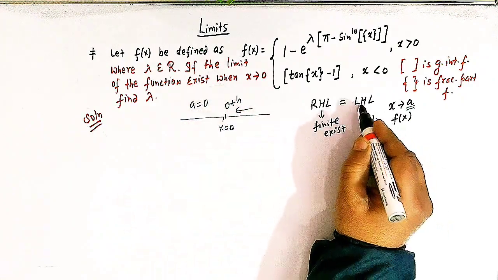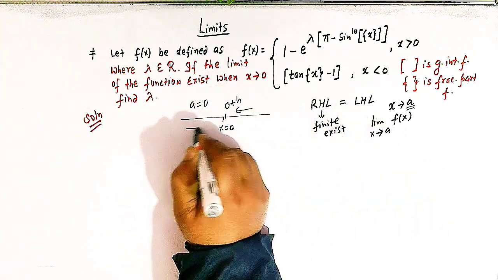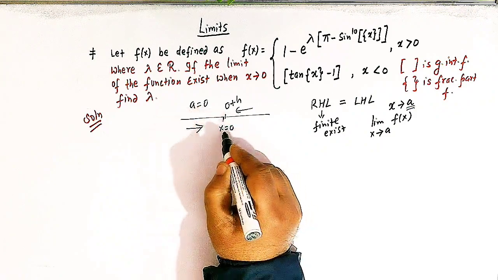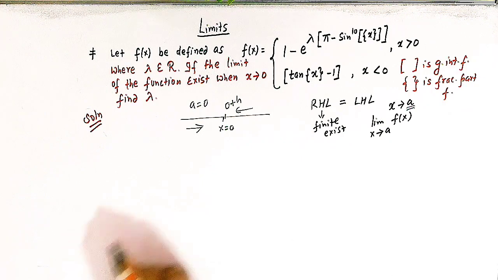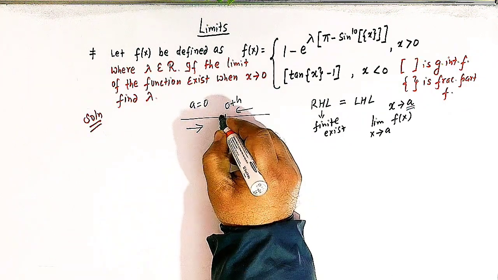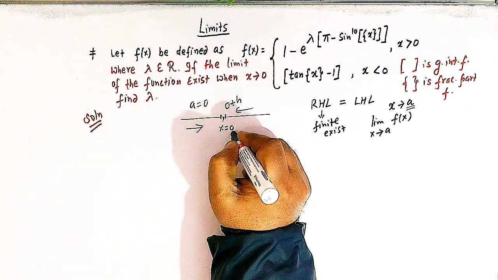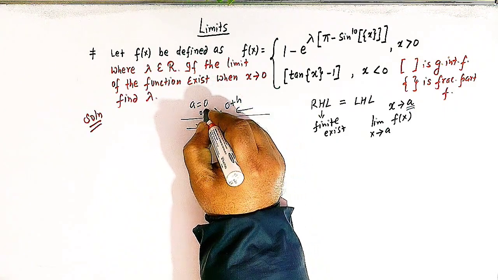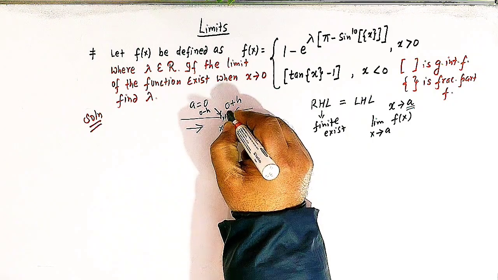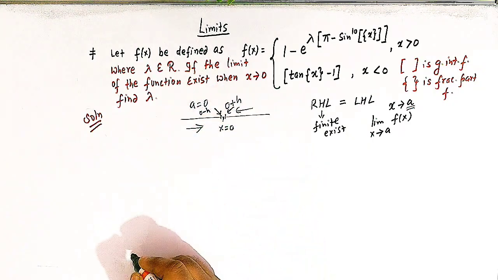And when we find the left hand limit, we approach x is equal to 0 from the left of x is equal to 0, and we take a point in the left neighborhood of x is equal to 0, and this point may be taken as 0 minus h, and here we have 0 plus h.